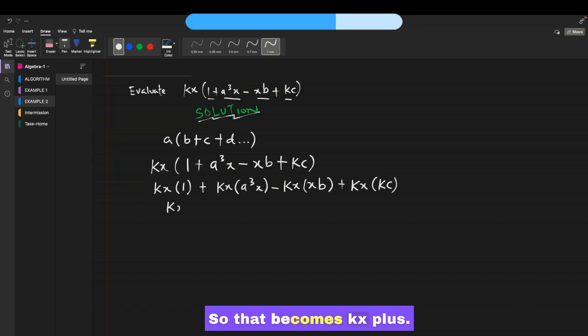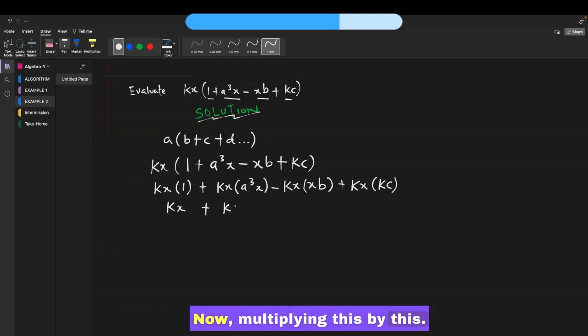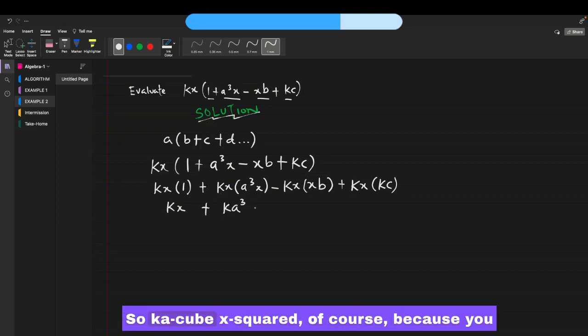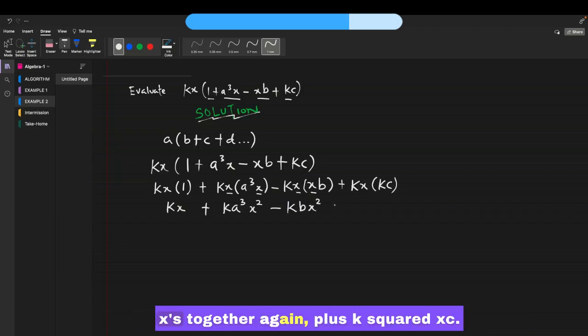So that becomes kx plus, now multiplying this by this, ka cube x squared, of course, because we have to multiply these two x's together, minus kbx squared, because we have to multiply these two x's together again, plus k squared xc.